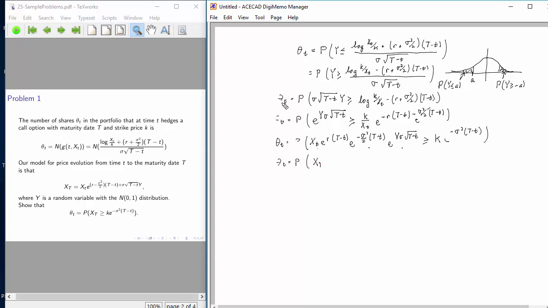This is precisely the price on the maturity date, and that has to be greater than or equal to the strike price, discounted in a rather strange way, multiplied by e to the minus sigma squared times capital T minus little t. The advantage of having done this is we now have 3 interpretations for each term in the Black-Scholes equation, either as a probability or as an expectation or as part of a hedging portfolio.